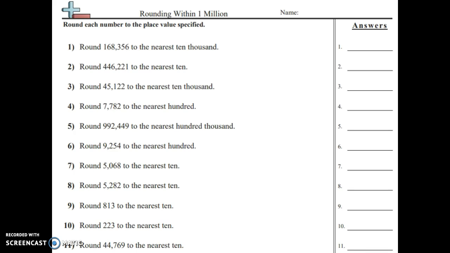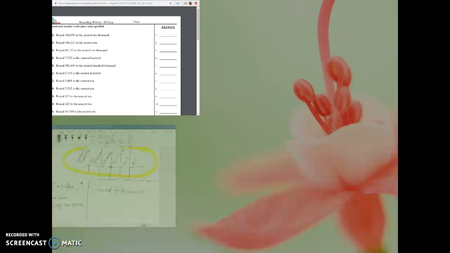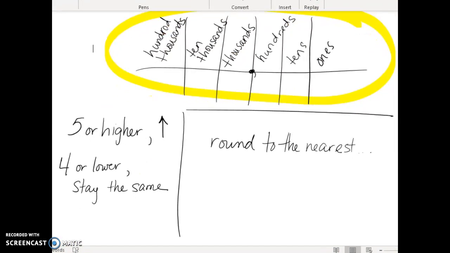It says round 168,356 to the nearest 10,000. So let me rewrite that here, nearest 10,000. Let me remind myself, and the digits are 168,356. Okay, great. So in the 10,000s place, we have the 6.